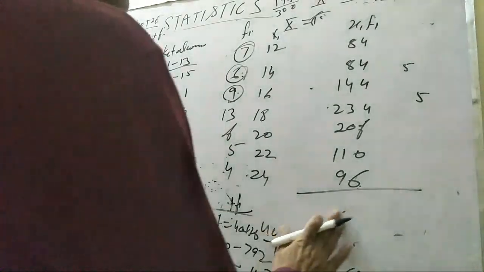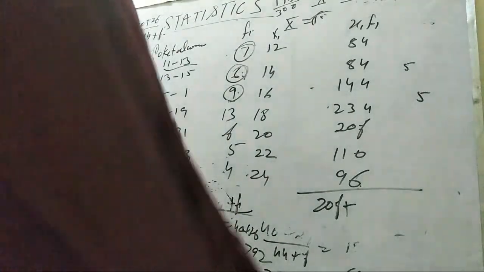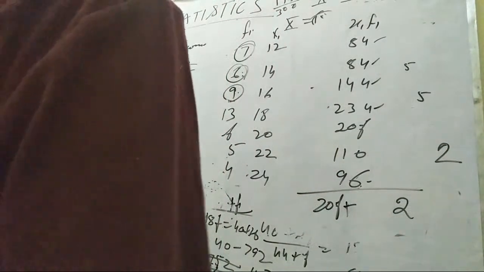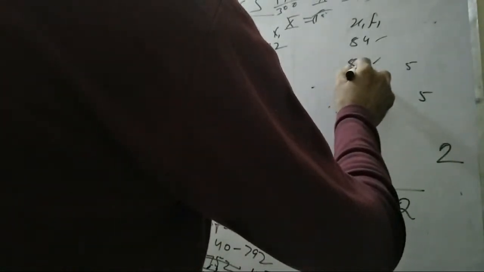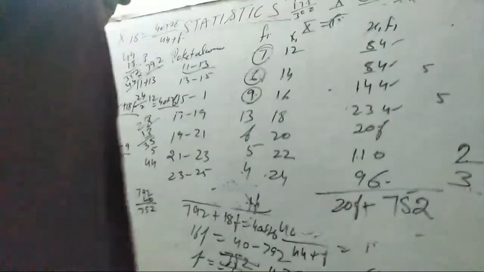We find out the total, and this is equal to 20f plus 752, and the sum of frequencies is 44 plus f.